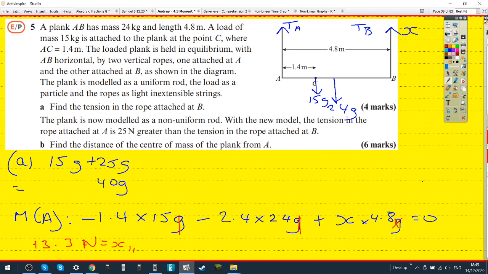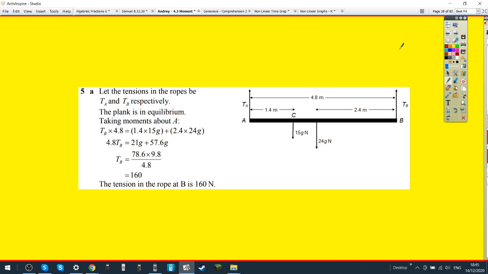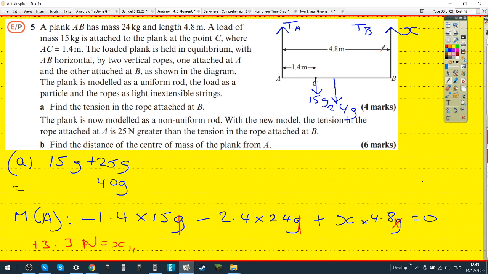1.4 times 15G. That doesn't make any sense. Now they're taking moments about A, so the tension in B times 4.8. Tension in B is X times 4.8.